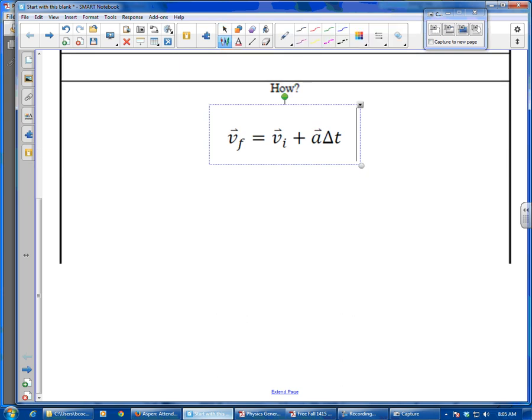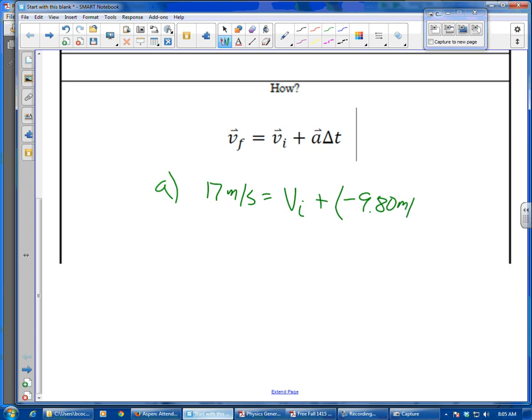And so I'm going to do this in case A, which is going to tell me that the V final in this case is how fast it tells me it's going, 17 meters per second. Its V initial, I don't know what that was, because I don't know what speed it was launched at. Plus, I said in my Y, it's accelerating downwards at little g, so I'm going to assume up is positive, down is negative, 9.80 meters per second squared, and it's been traveling at this point for 2.2 seconds.